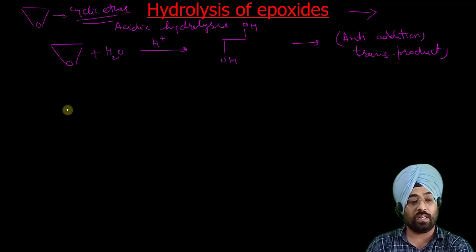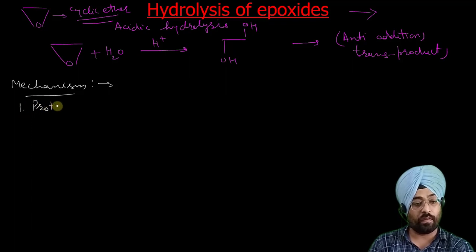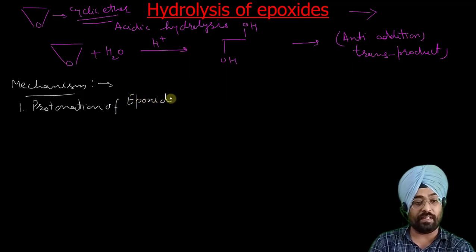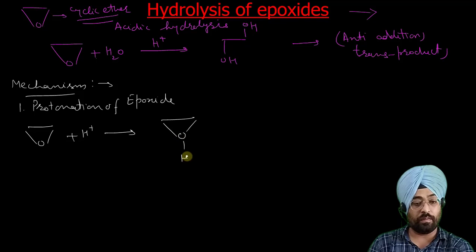Now let us quickly discuss its mechanism, how this product has been formed. So this mechanism is actually quite easy. The first step is protonation of epoxide, as we are using acid catalyst. So this plus H positive gives you OH positive.